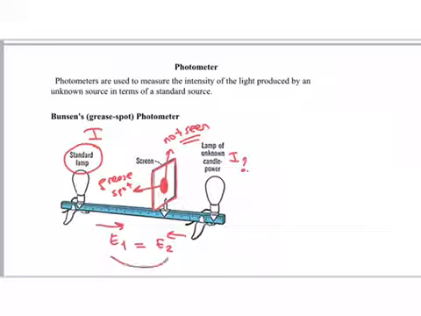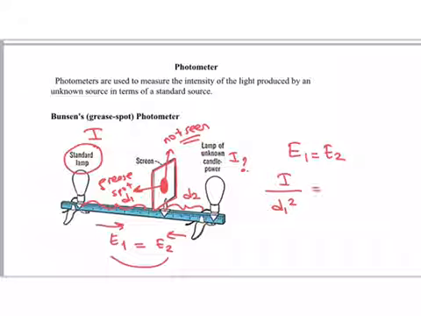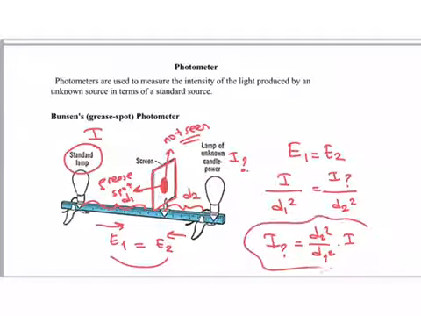So from this equalization, E1 is equal to E2. Let's say this distance is D1 and this distance is D2. E1 is equal to I over D1 squared, and E2 is equal to the unknown light intensity over D2 squared. So I can find the light intensity of the unknown light source with this equation.